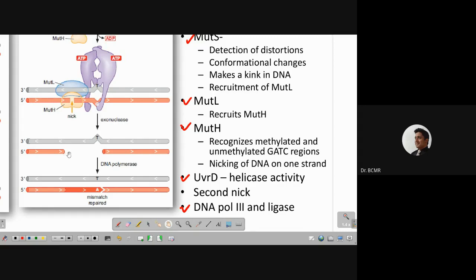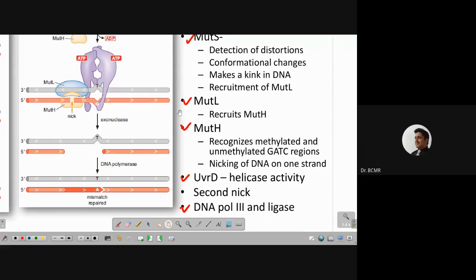That is where DNA will be synthesized, and eventually A will be added in this location, which otherwise there was a G here, and now DNA ligase will seal the gap. So for the exonuclease activity, you need this strand here to be separated, and in that case, you need UvrD helicase activity.